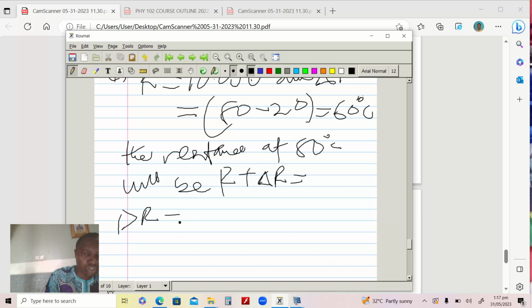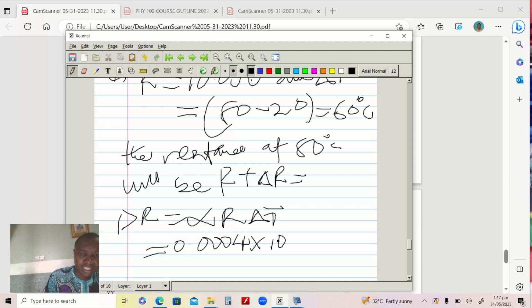Delta R is equal to alpha R delta T, like the formula I just gave you. So what is our alpha? 0.000 something, as we are given in the question, multiplied by what is our R?